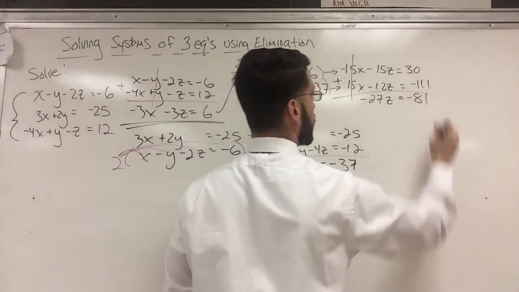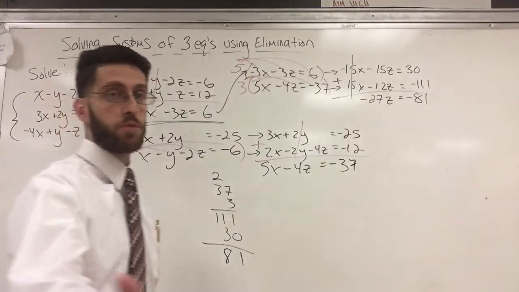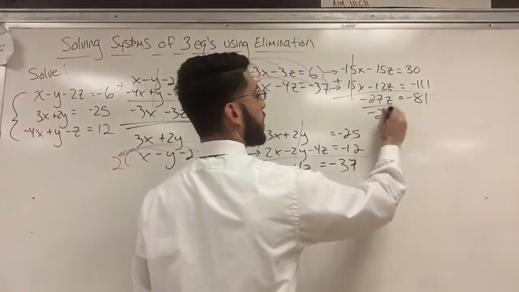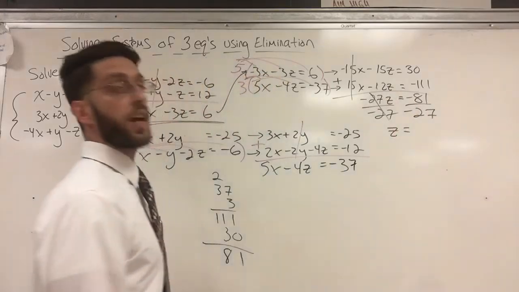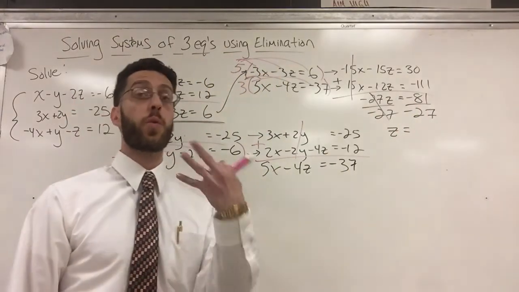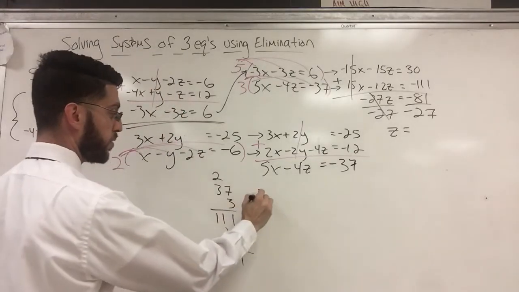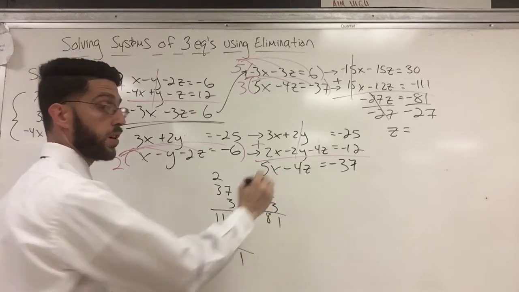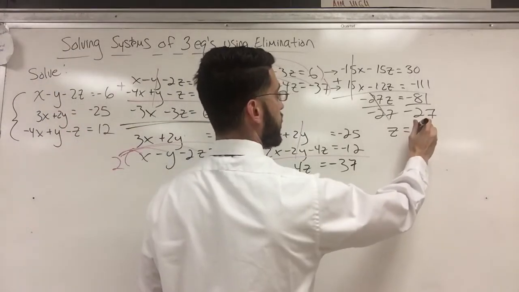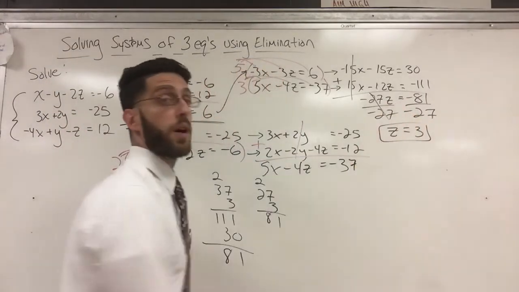Again, keep checking, get a calculator. Now I'm going to divide by the coefficient, which is negative 27, and I finally got z alone. 81 divided by 27, I sure hope is 3. Again, if you don't believe me, 27 times 3 is 81, hooray! So that's a negative 3? No, that's a positive 3. Negative divided by negative is positive.